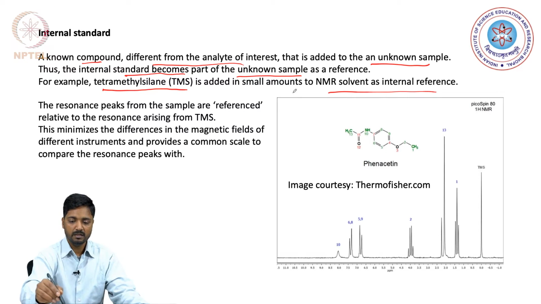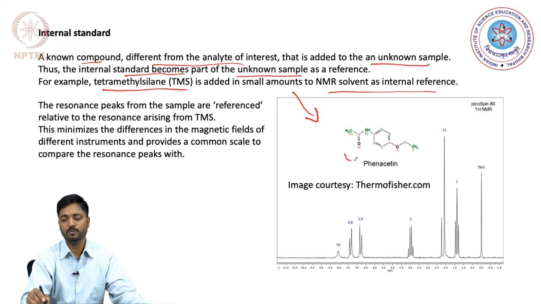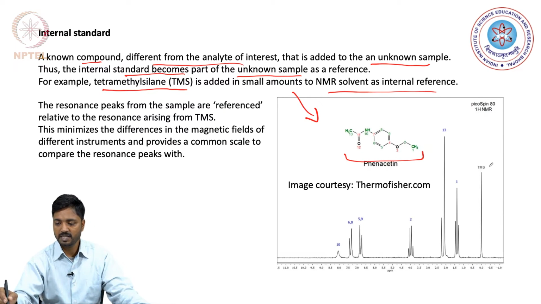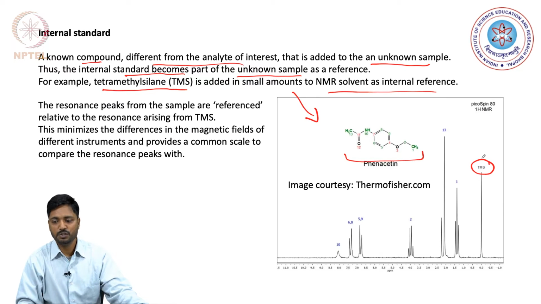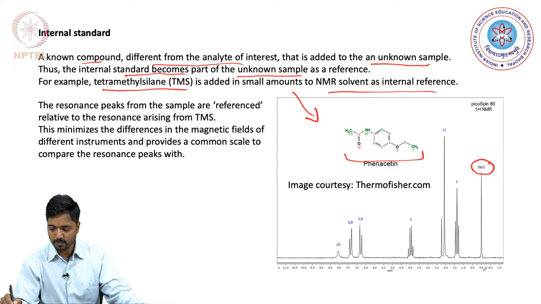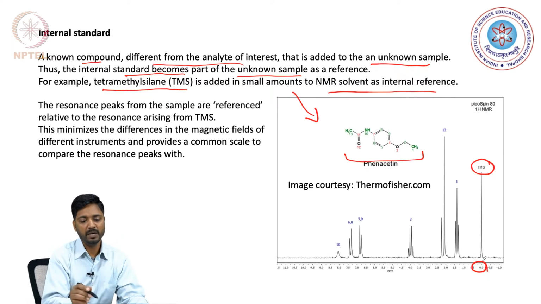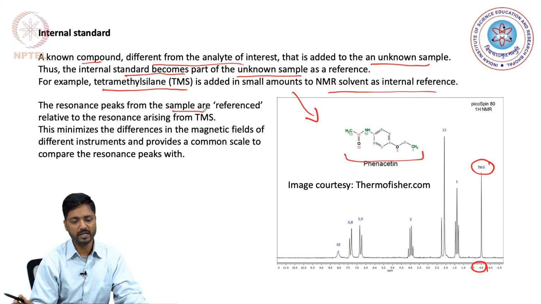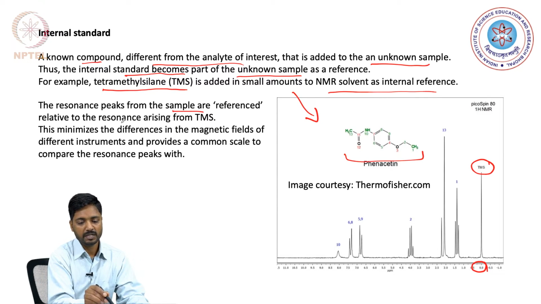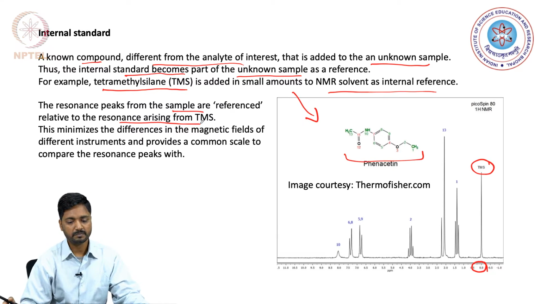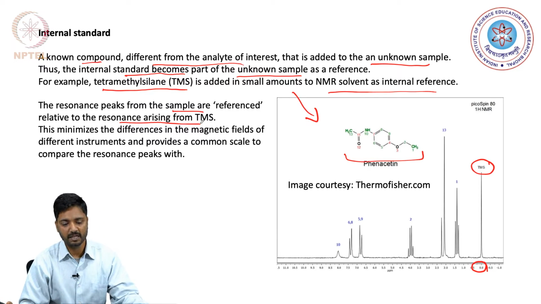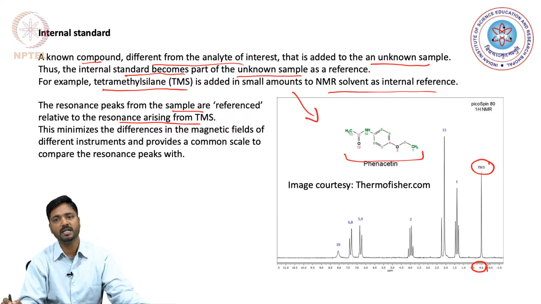For example, this is the NMR spectrum of this particular compound, and you can see the TMS peak is shown here at a position of 0.0. So, the resonance peaks from the sample are referenced relative to the resonance arising from the TMS internal standard. The TMS internal standard is set as a reference value of 0, and all the peaks of the sample are referenced relative to it.